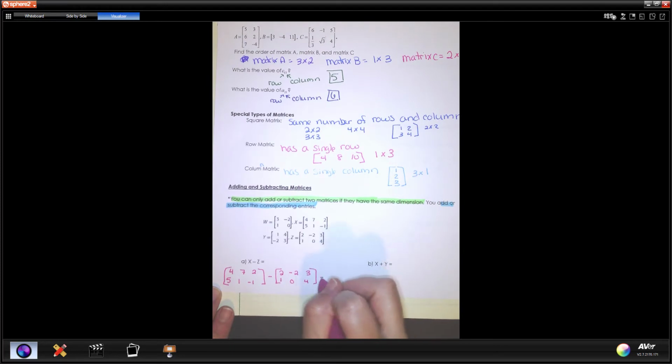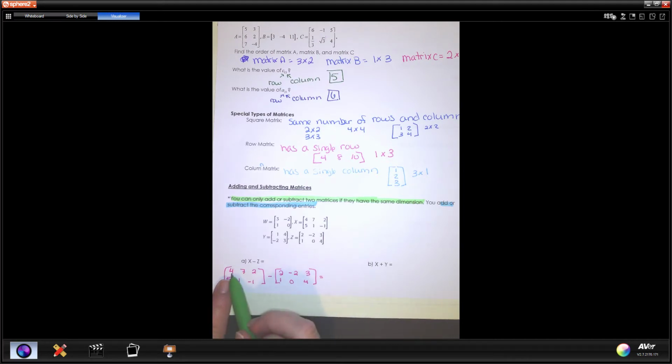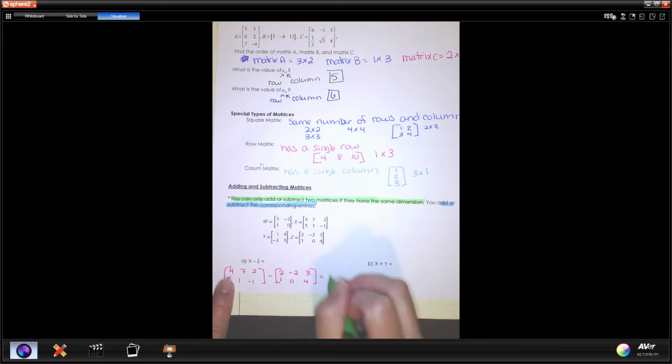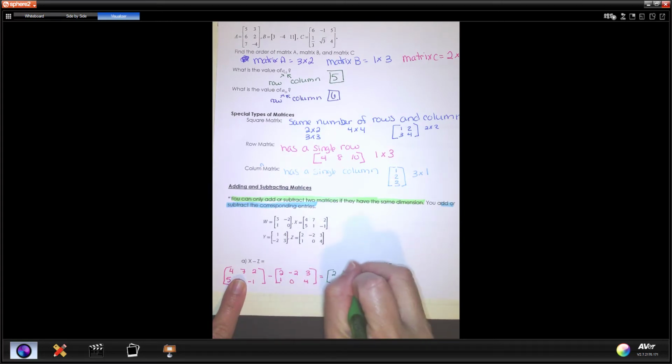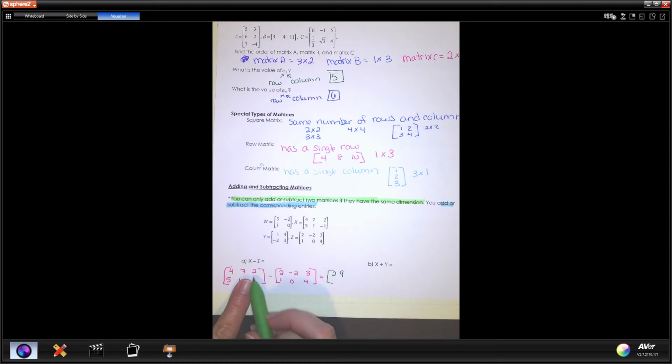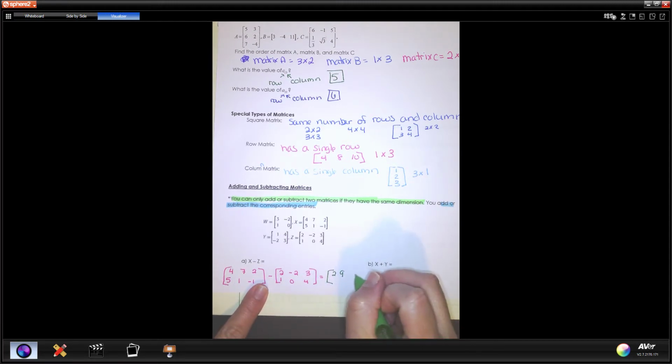In order for us to subtract those, we are just going to subtract their corresponding entries. So we're going to go 4 minus 2, which as we know is 2. Finishing off our first row, we are going to go 7 minus -2, and that happens to be 9. And then finally 2 minus 3, which is going to give us -1.